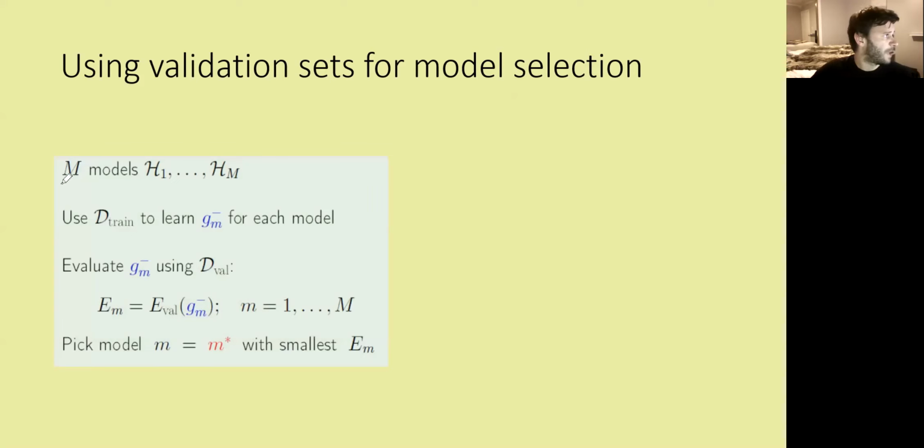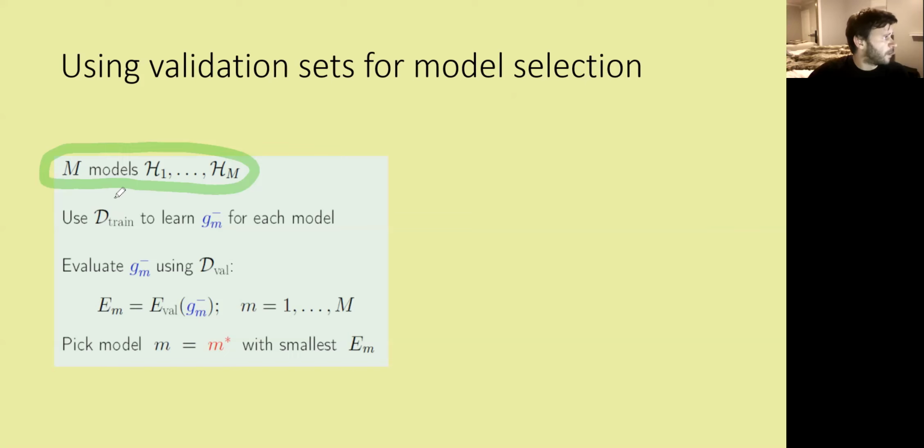Let's suppose we have M different models generated from a set of M different hypotheses. Each of those hypotheses, H1, H2, H3, HM, is a different model. Maybe H1 is a simple linear hypothesis with the intercept and the slope. H2 is that hypothesis, but with another logged term or something. Each one is a slightly different type of hypothesis.